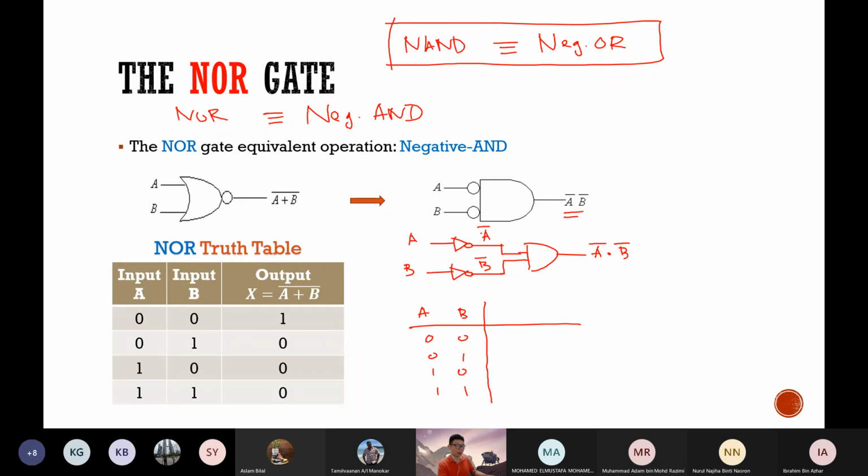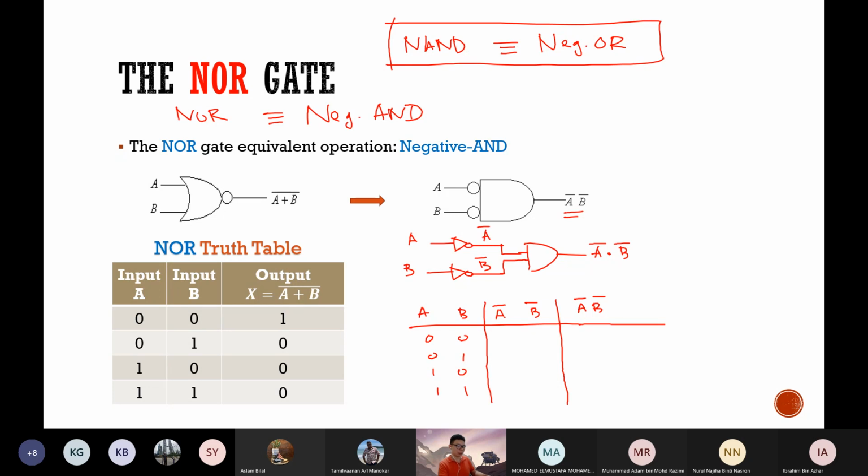And we need A bar and B bar. Then finally we can have the output, which would be A bar B bar, like so.